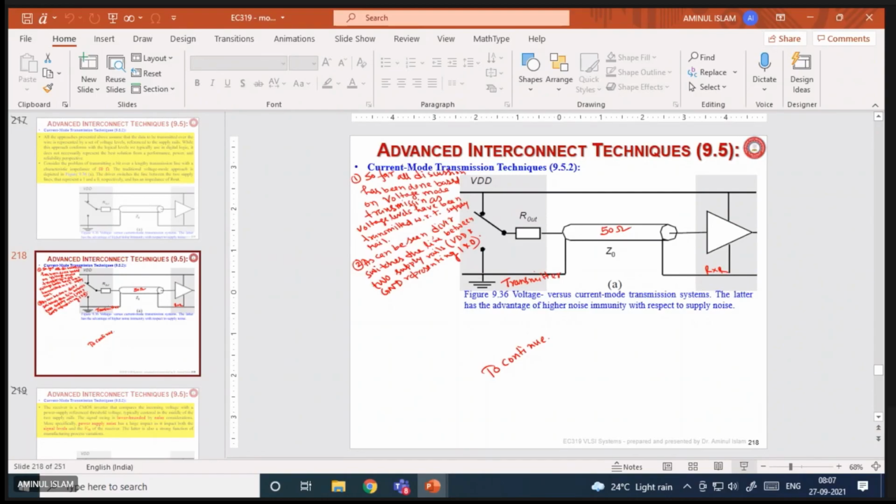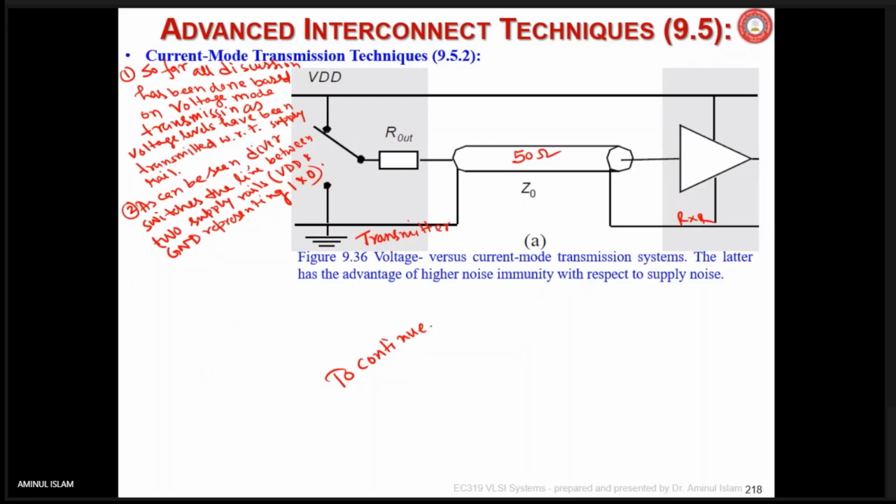So far, if you look at the videos, you'll see that the discussion or the transmission of signals was based on voltage. All discussion has been done based on voltage mode transmission, as voltage levels have been transmitted with respect to supply rail, VDD and VSS.